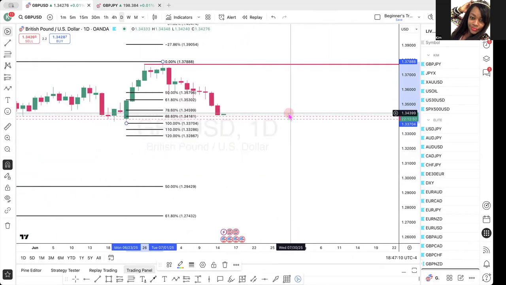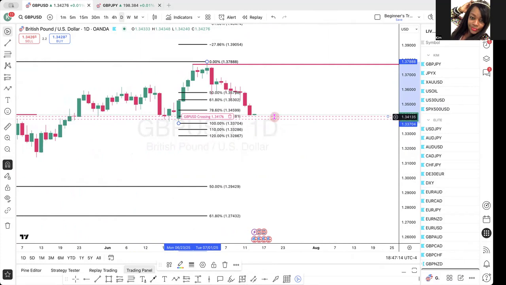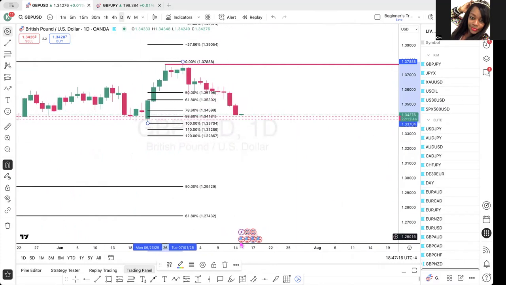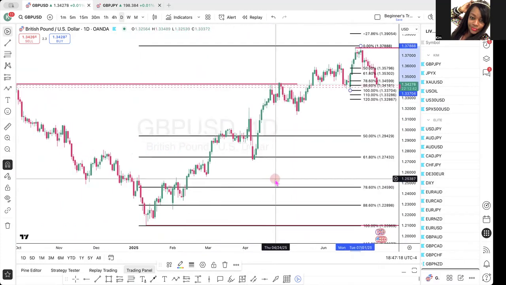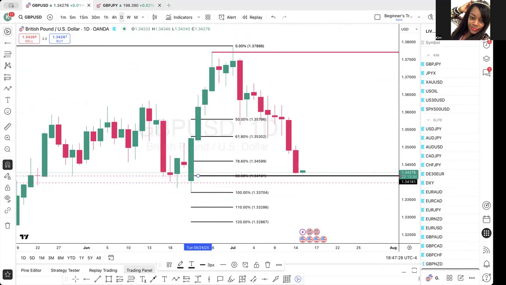And currently you see that price is at your 78, almost at your 88, and I have an alert set there. But if you just mark up your 88, price has already tapped the 78. As you can see, it hasn't pulled back from the 78, so you'll have to see what it does at the 88.